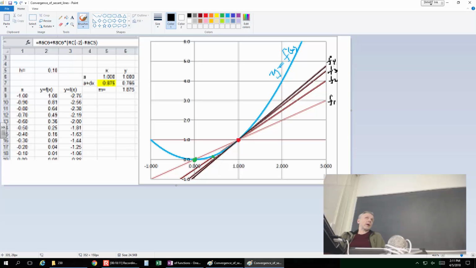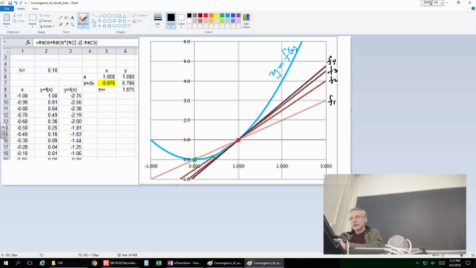In that sense, you can also think of it as getting better and better linear approximations, right? If we're trying to approximate the behavior of the function around that red point, each of these functions is an approximation, but at the limit they're getting better and better. At the limit, the tangent line is the best one.